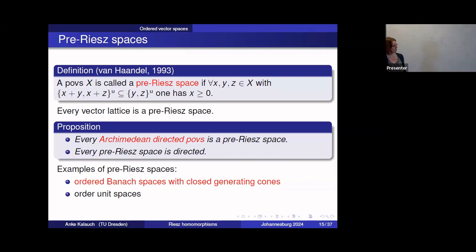So we can use those in the theory of operators, semigroups, etc. There are ordered Banach spaces with closed generating cones, and all of those are Archimedean directed and hence previous, because the closed cone ensures Archimedeanity and generating cones the same. Order unit spaces we will discuss.